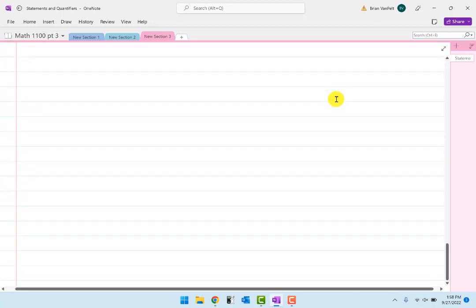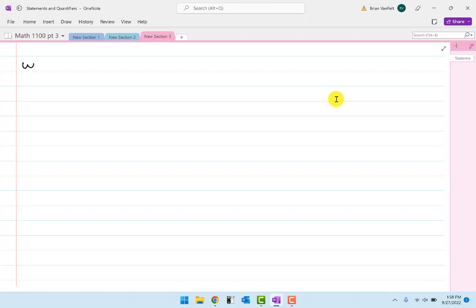Now this is where we get symbolic. We're going to typically use letters to represent statements, making sort of an algebra behind it.